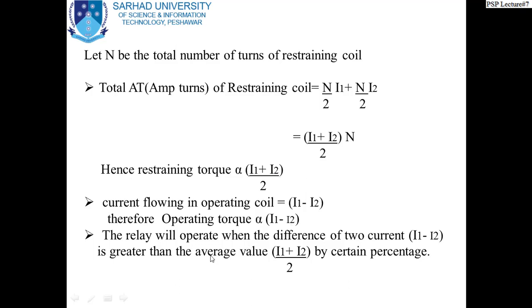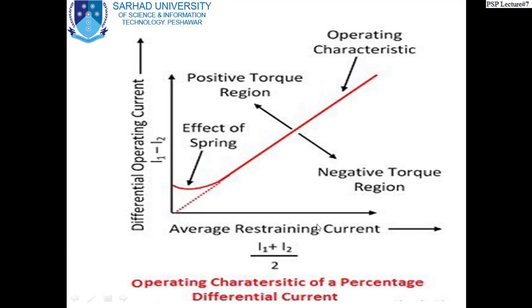Now, the relay will operate when the difference of two currents, that is I1 minus I2, is greater than the average value of current, I1 plus I2 divided by 2, by a certain percentage. This percentage is decided by the operating value or the pickup value of the relay.